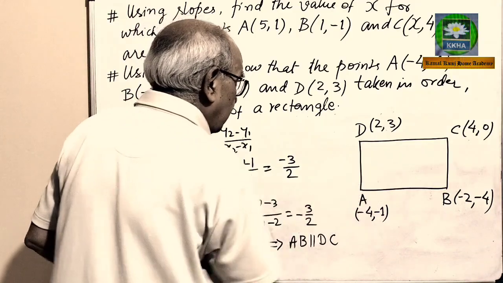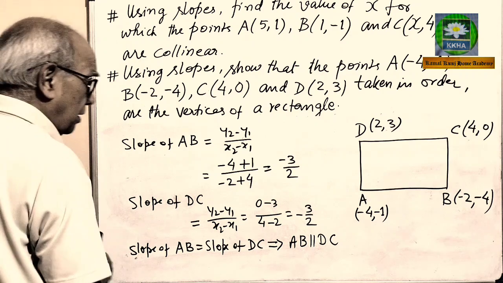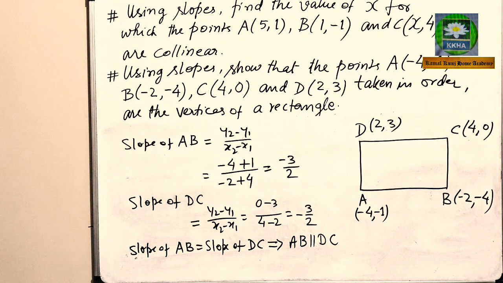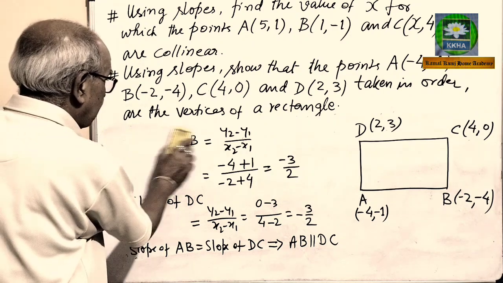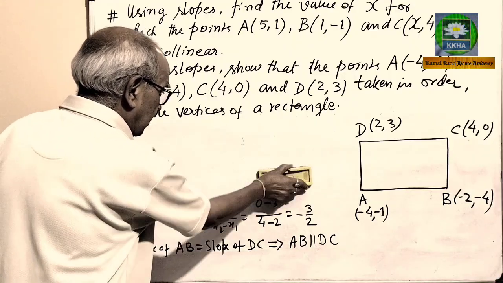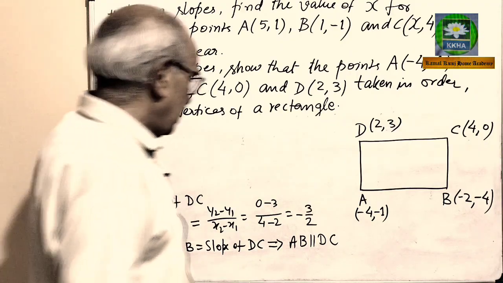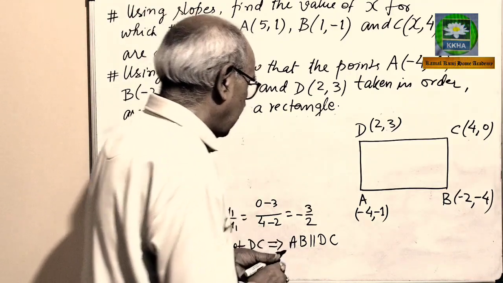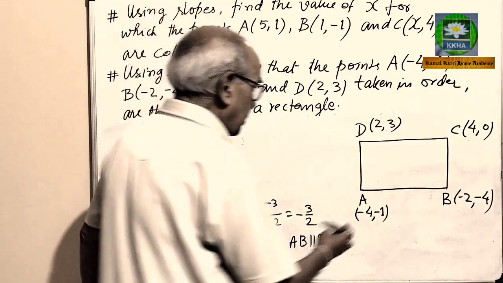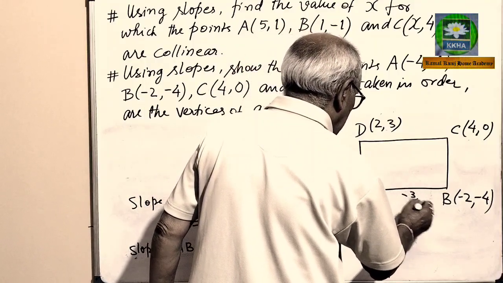Next, find the slope of BC. Slope of DC is minus 3 upon 2.